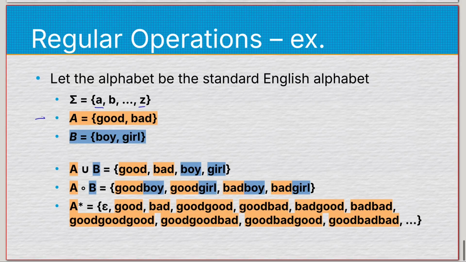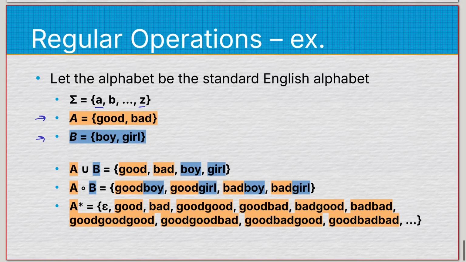Our regular language A contains the strings good and bad, and regular language B contains the words boy and girl. I say this to my dogs all the time, so it's kind of what goes through my mind. If I do A union B, we get all those elements ORed together, so one set becomes just good, bad, boy, and girl, all as individual elements.